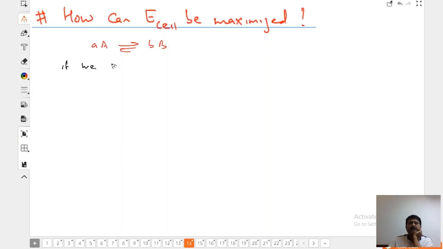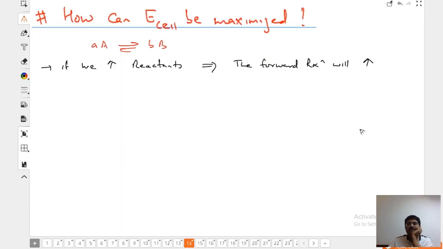If we increase reactants, the forward reaction will increase.